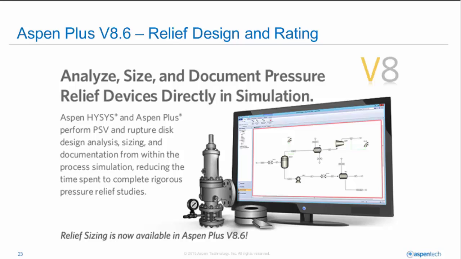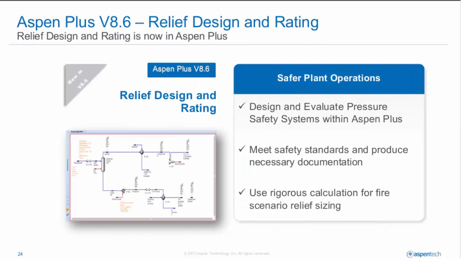So it's not limited to just rating geometry that you specify. The new system will find the right valve sizes for the different scenarios and document that through data sheets and other engineering collateral. So with a new system, you can design and evaluate pressure safety systems involving both relief valves and other relief devices.